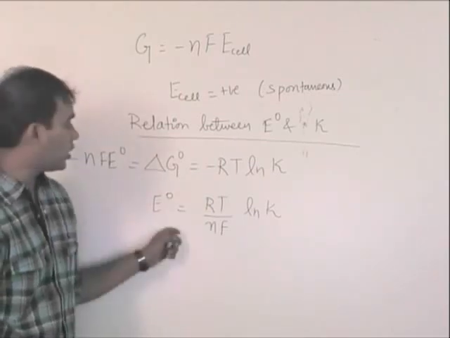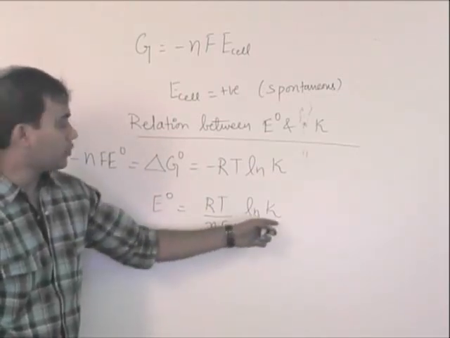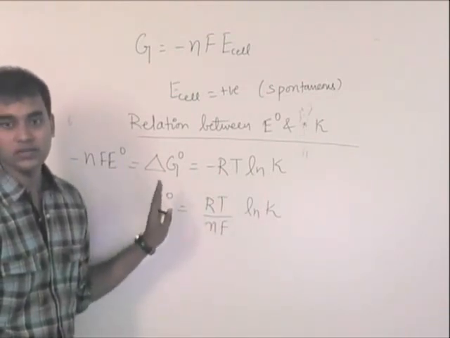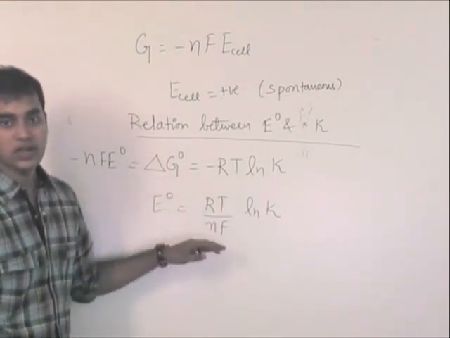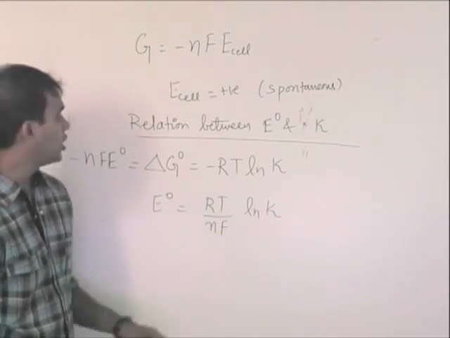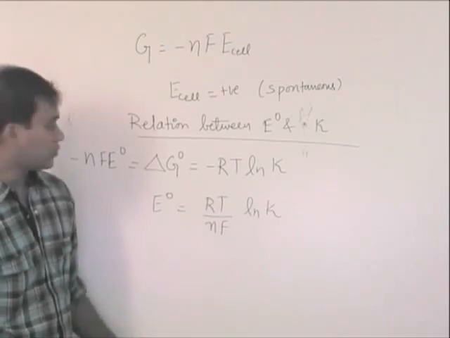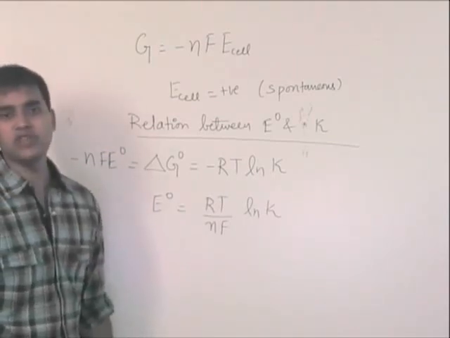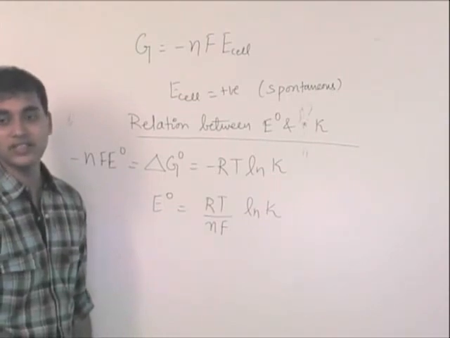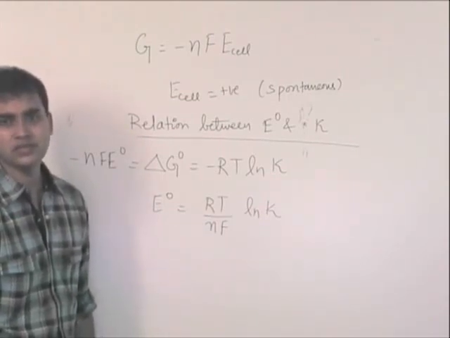So if I give you E naught and n, can you find K? Or vice versa, if I give you K, can you find E naught? Yes. You just have to plug in all the values. The temperature will be given to you, mostly it will be 298 Kelvin, that is 25 degrees Celsius.